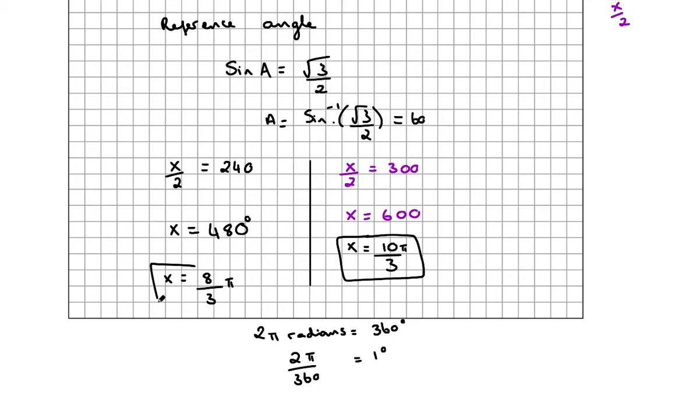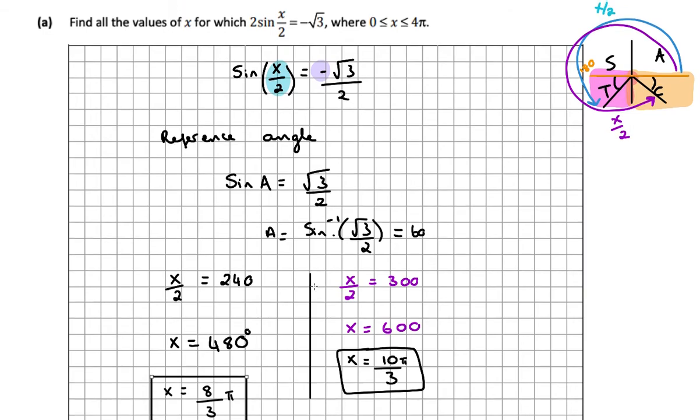So there's 2 values that I have potentially for x. Okay, now there is more than 2 values because they've said that I'm allowed to go up as far as 4 pi. So how do we get more out of it? If there's only 2 quadrants where sine is negative, how do I get more angles?